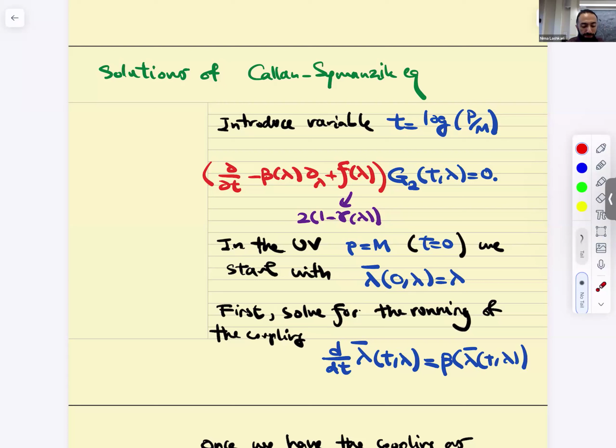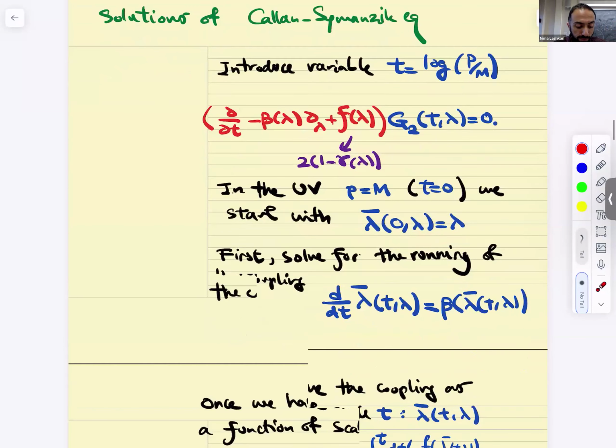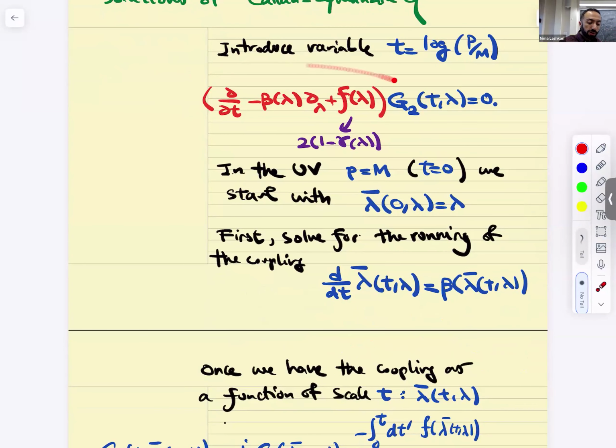So by definition, lambda bar of 0 and lambda is lambda. That's the normalization condition. At p equal m, I've tuned my coupling to be lambda. To solve this differential equation, the characteristic method tells you that you first have to integrate the beta function. You have to find the running of the coupling, which is to solve this equation.